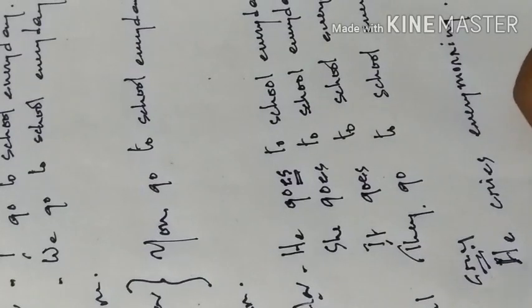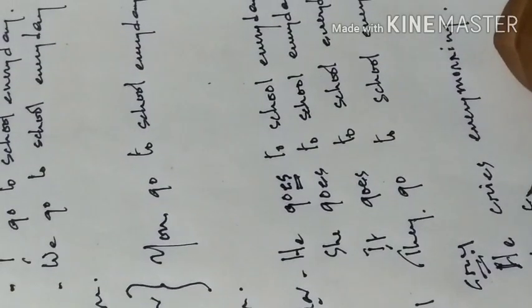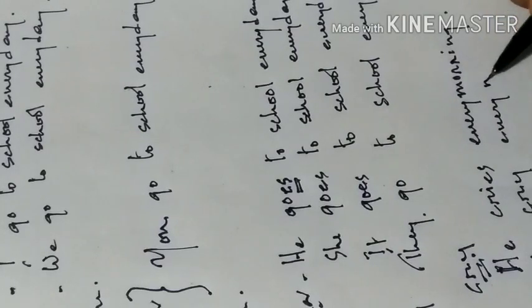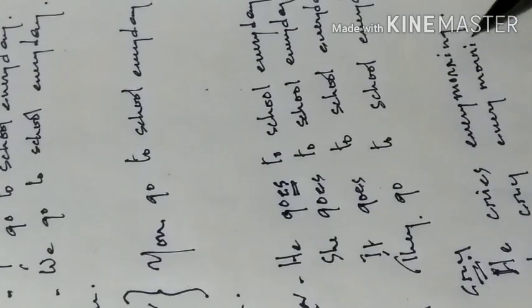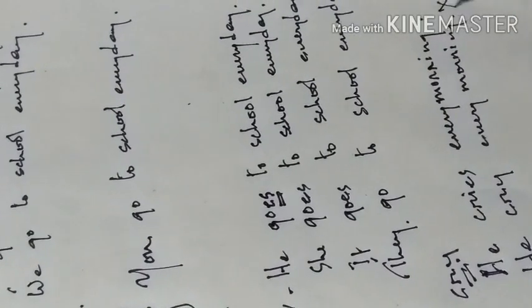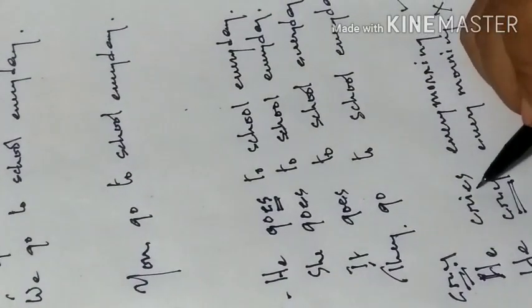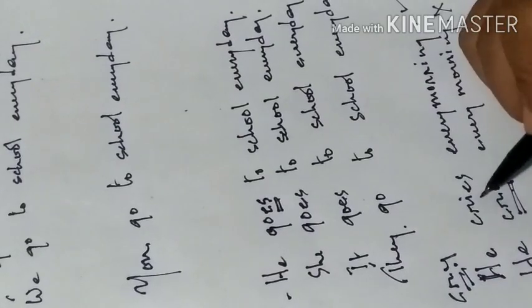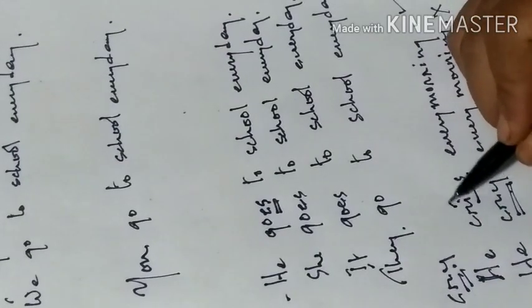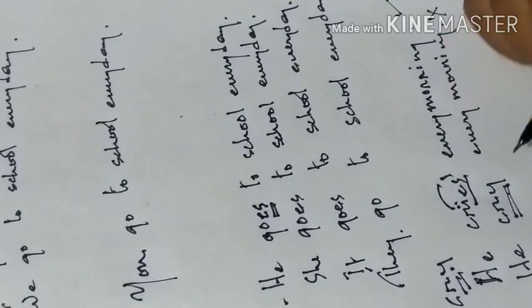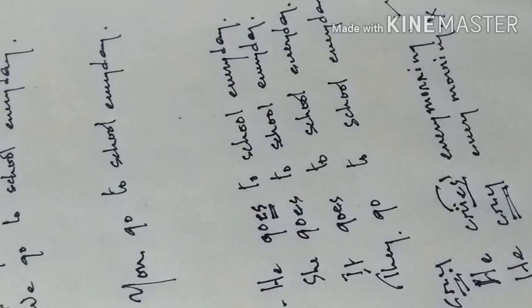I cannot say he cry every morning. This is wrong. This is correct. The verb cry must undergo a change. Cry will become cries. I change the verb by writing IES instead of Y.